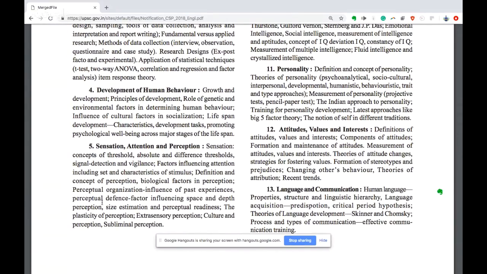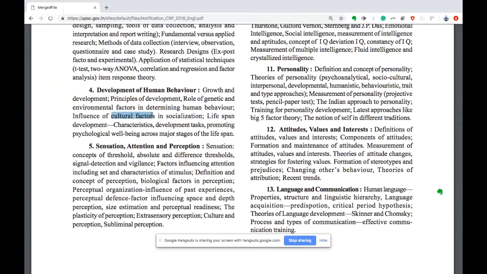That means when he's a child, when he's an adolescent, a young adult, and then an old adult, and how do genetic factors affect his behavior and mental processes, and how does the environment in which he lives affect it? Also, an important part is cultural factors.